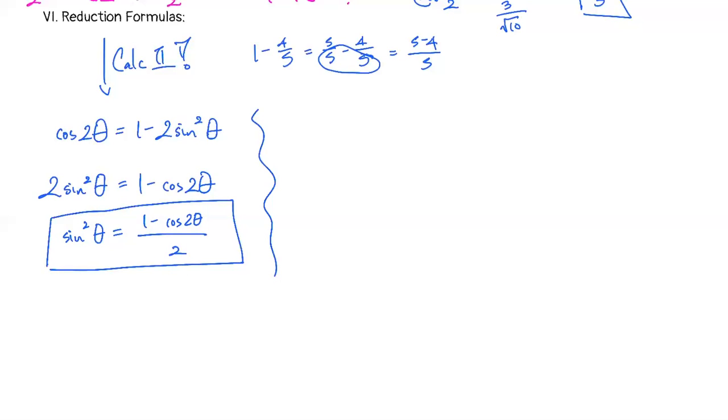So if we take one of the other cosine double angle formulas, 2 cosine squared theta minus 1. And we do the same thing where we're like, let's find cosine squared. We can add the 1 to both sides. And we can divide by 2.